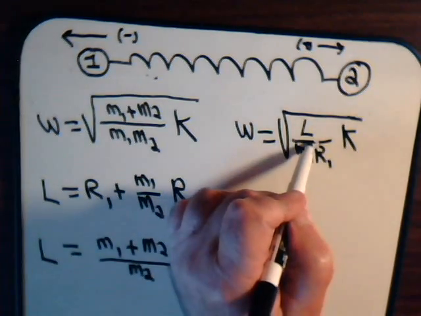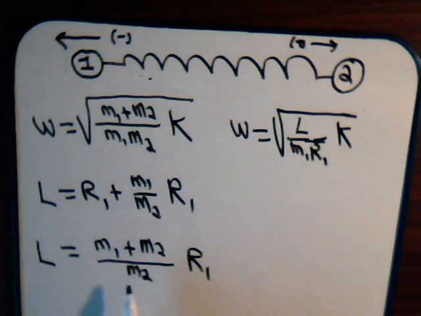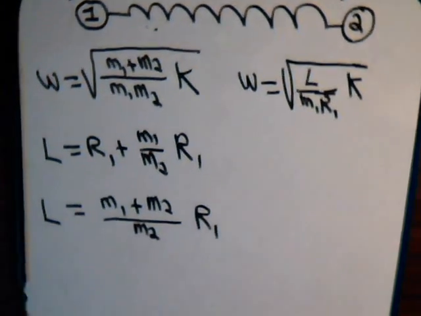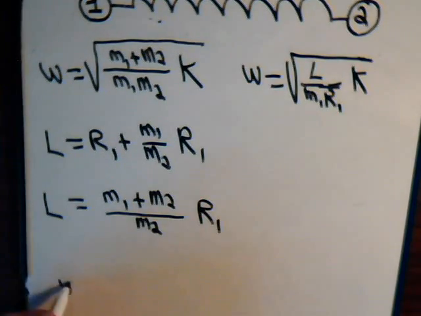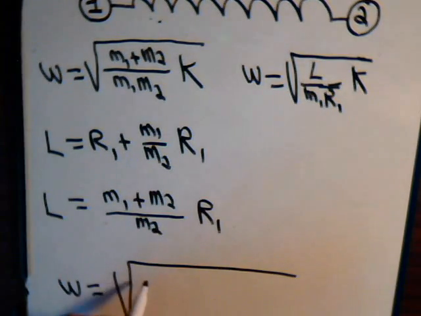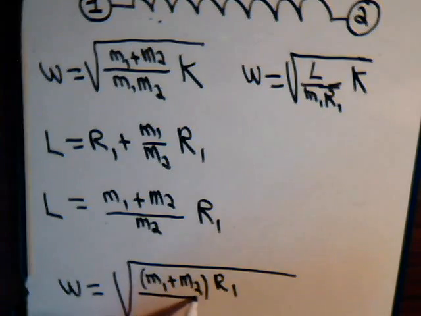So that's the equation we derived in the last video, but we can substitute for L this expression. So then we'll have omega equals the square root of L, that's this, m1 plus m2 times r1 divided by m2.